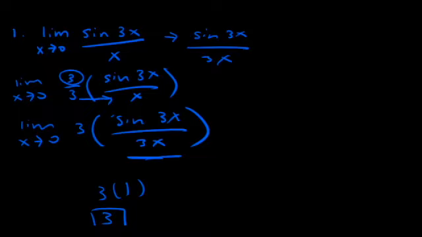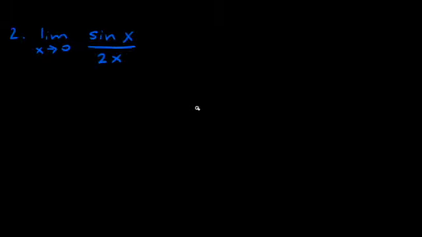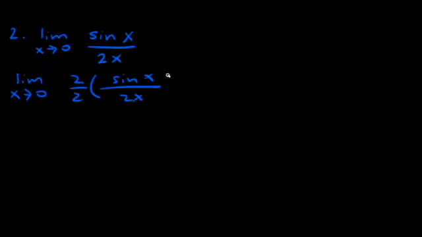So let's move on to the next example. It's also very similar, but this time we want to get the numerator, the top, to become 2x, sine 2x. So to do that, you just gotta do the same thing, except we're multiplying by 2 over 2, right? And this time, the top 2 is going to multiply in, which will leave us with half.